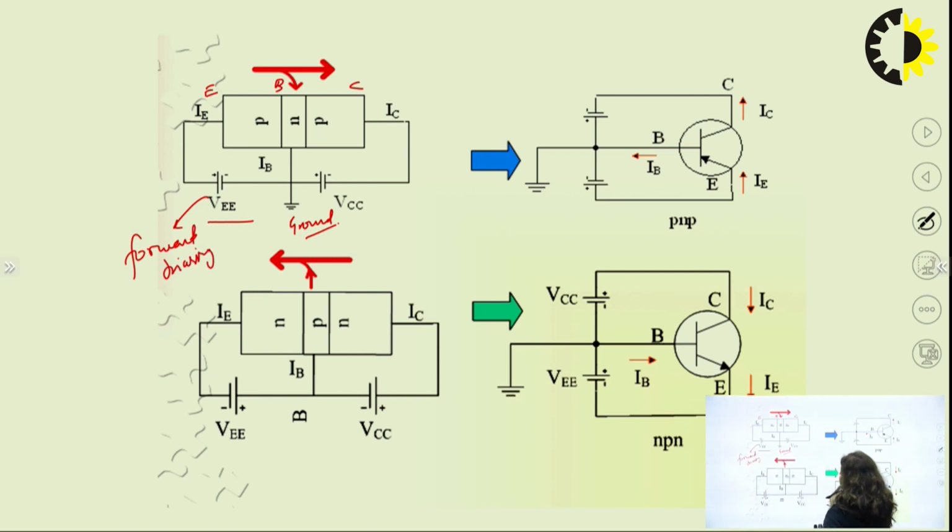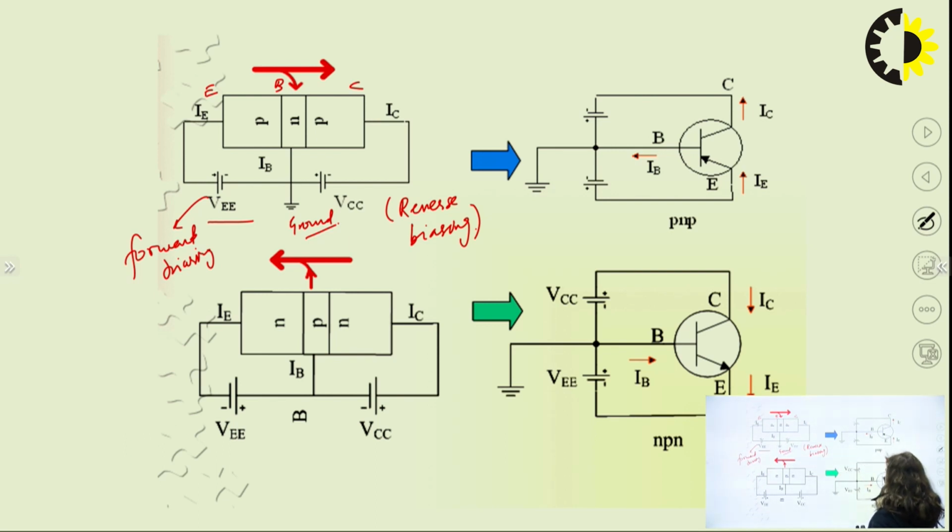The second one is reverse biasing, which is VCC. So we have the current flowing from the emitter to the base, because from P to N side the current will flow.